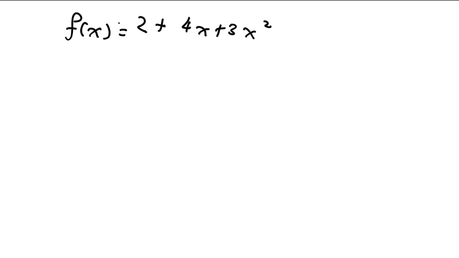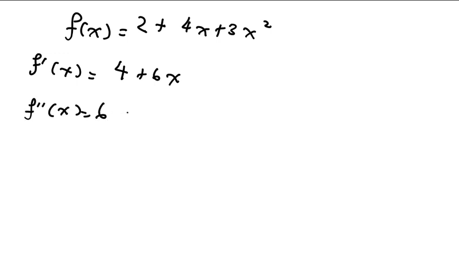So what we need to do here is to first differentiate the original function. The first derivative becomes 4 plus 6x, isn't it? And then differentiate it again. As long as we see x here, we differentiate it again. f double prime x is equal to 6, isn't it? That's it. We cannot differentiate it anymore.